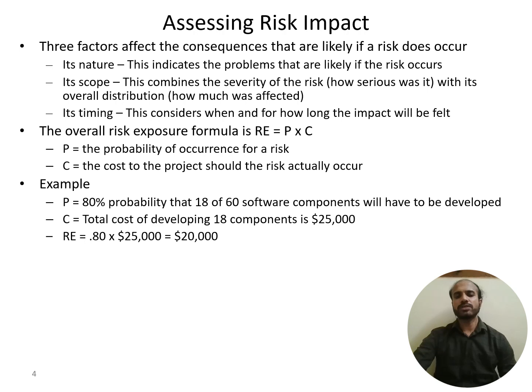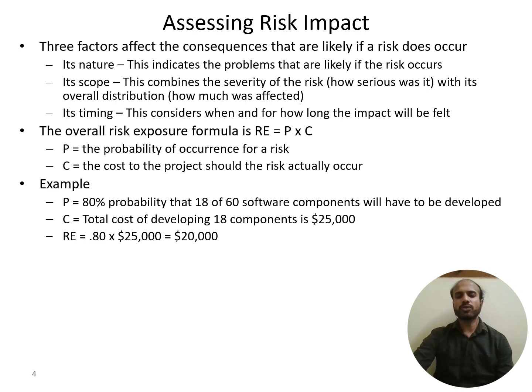So the overall risk exposure formula is: risk exposure is equal to P into C. P is the probability of occurrence for a risk. C is the cost to the project should the risk actually occur. Let us take an example here. P, the probability of occurrence for a risk, is 80% probability that 18 of 60 software components will have to be developed.